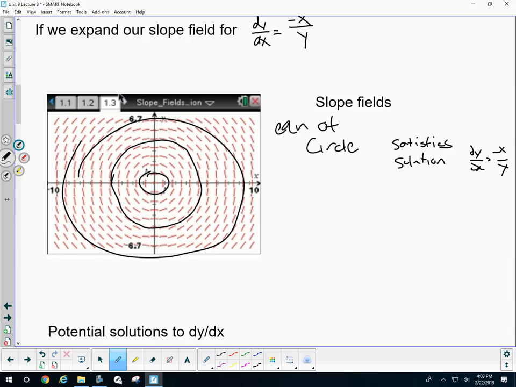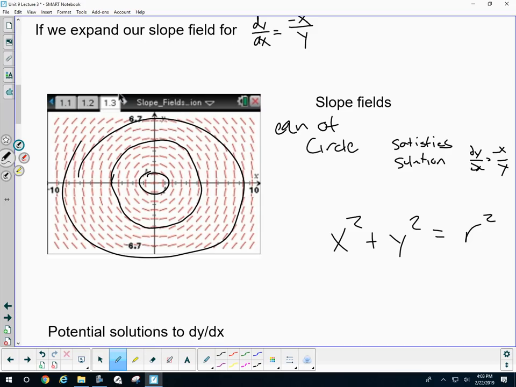Okay, that would be a circle of radius 1. x squared plus y squared equals some radius squared. This is the equation of a circle. You guys remember this from like pre-calculus? I think you did circles like this, okay? This is the equation of a circle. So I think that if I take the derivative of this, I'm going to get negative x over y. Turns out I do.